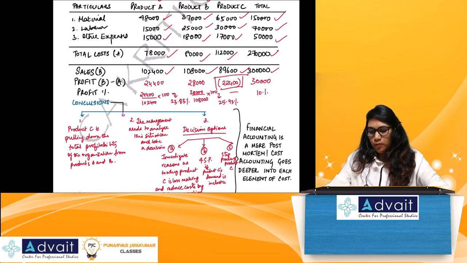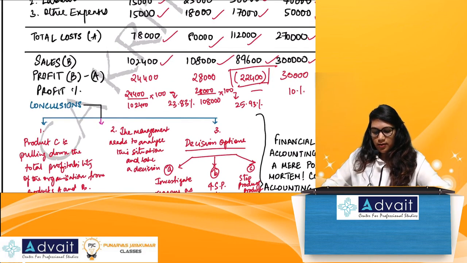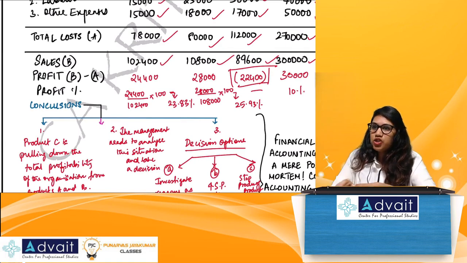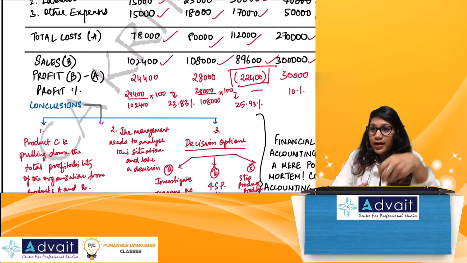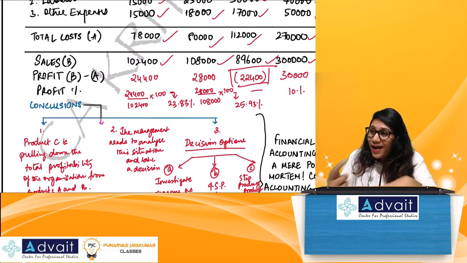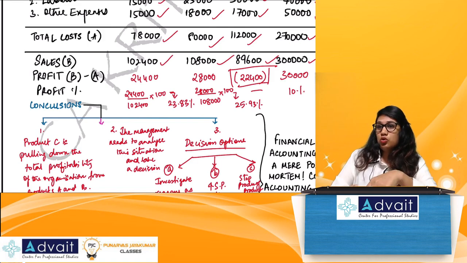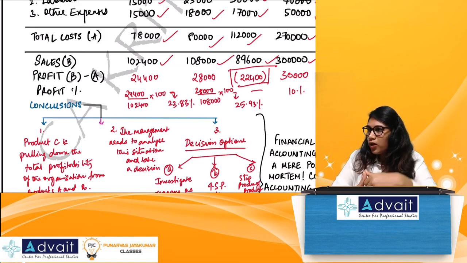So that's why we have a separate subject called cost accounting, which helps us in analyzing costs in depth. We go into each and every cost, into its breakup, and then understand why it is so, how it is so, what can be done, which financial accounting does not help in.